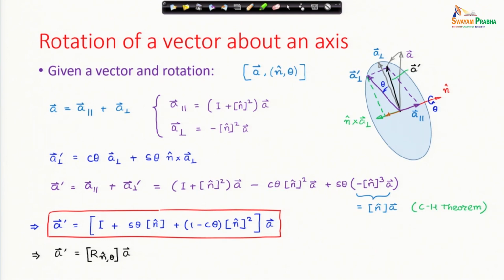Please check that by taking successively n cap as i cap or j cap or k cap, you try to find out the rotation matrix from this expression. You have to write down the Rodrigues form for i cap, it is very simple, and then try to calculate the rotation matrix from this. This is a very general representation of the rotation matrix about an arbitrary axis by an angle theta.